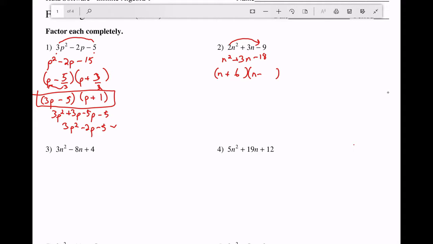I slipped the 2, so I'm going to divide the last number in the binomial by 2. 2 goes into 6 evenly, so it's n plus 3. It doesn't go into 3 evenly, so now I'm going to make it go in front of n, so it's 2n minus 3. Okay?